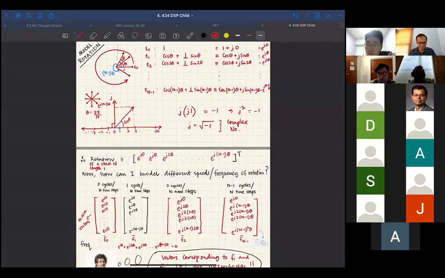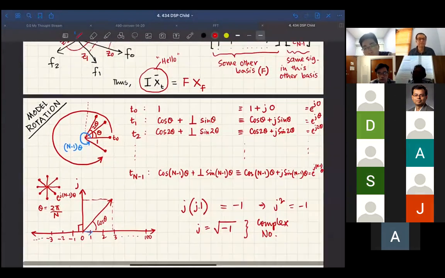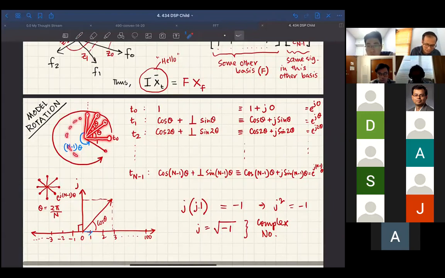You remember this picture we talked about, rotations? We wanted to model rotations. And we said that the stick is in the original starting position. Then the stick goes to theta. Then the stick goes to 2 theta, 3 theta, and so on till n minus 1 theta.